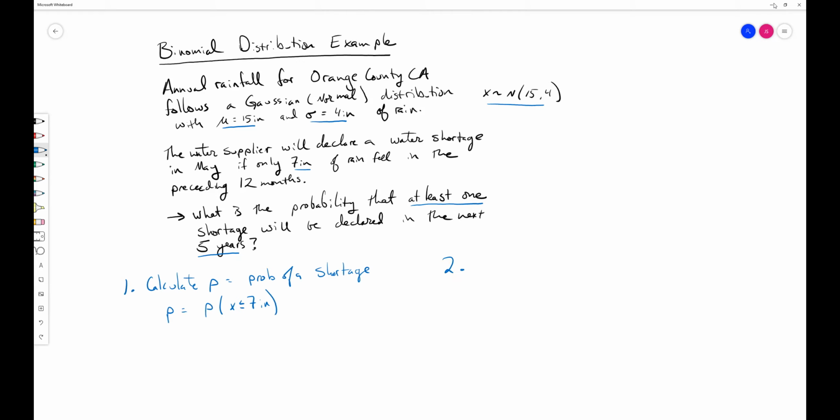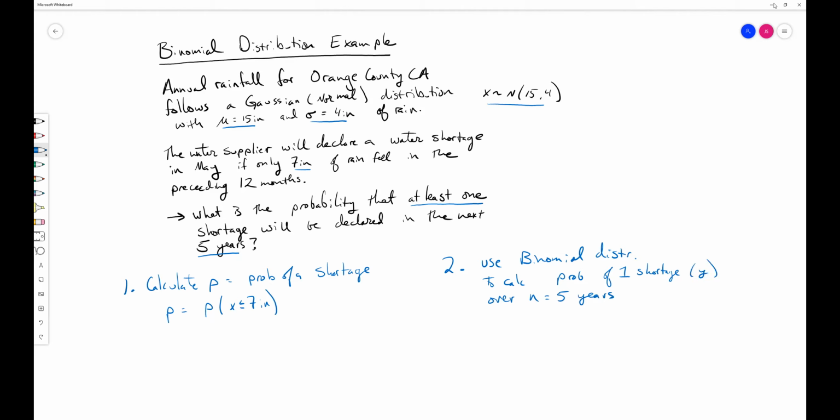And then second, we need to use the binomial distribution to calculate the probability of one shortage over n equals 5 years.